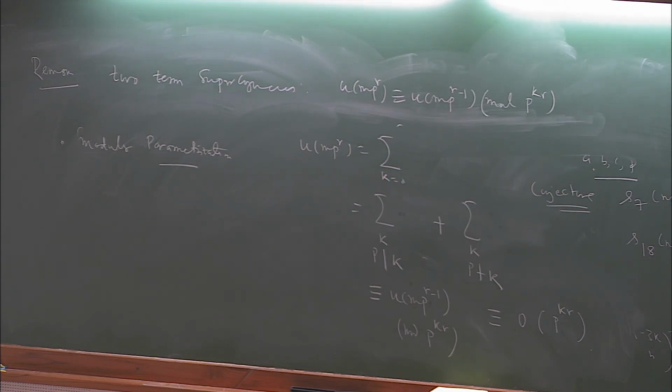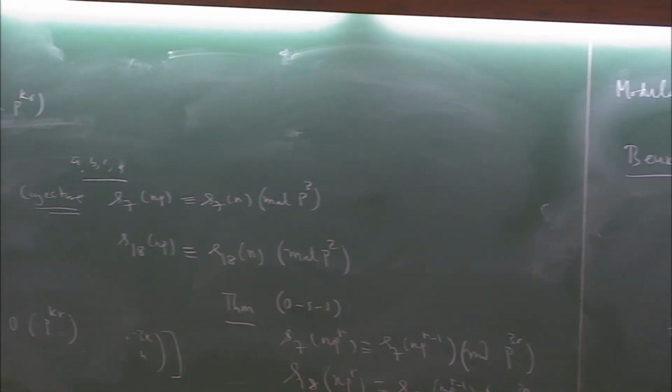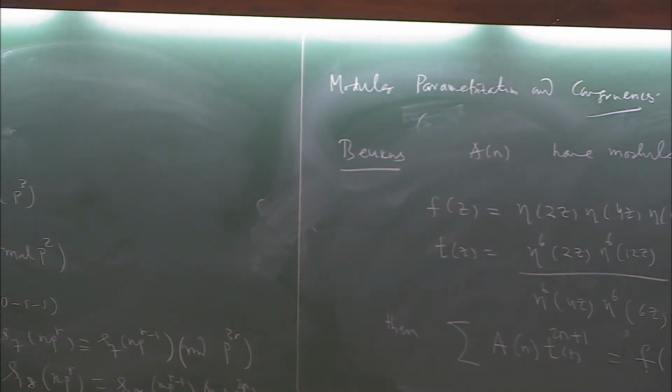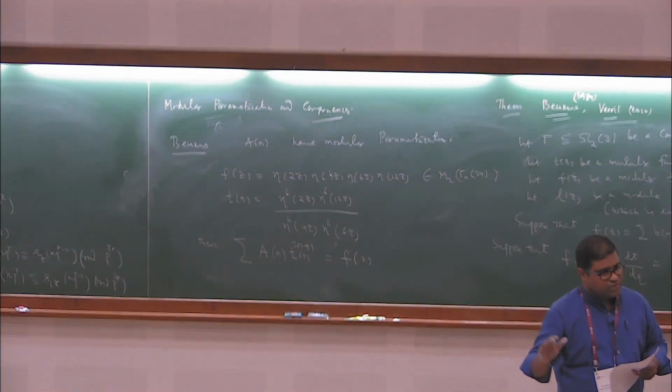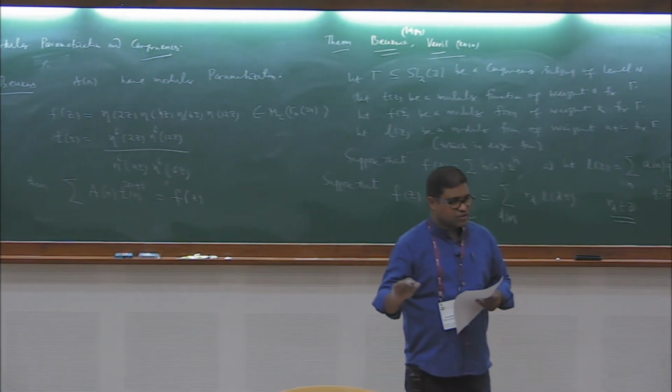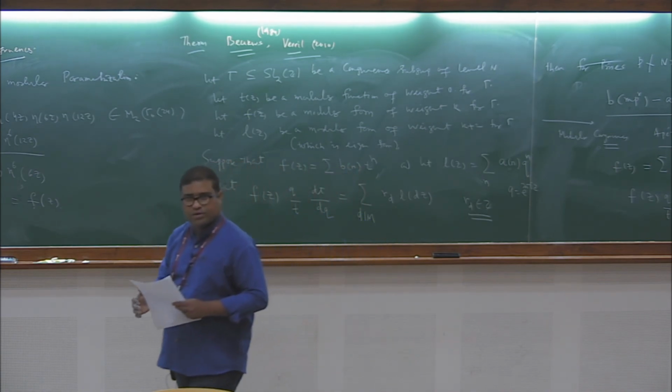Can you get some modular function t such that the generating function is a modular form? And what should be the weight of the forms and how are they related to the sequence? This is the general conjecture of Zagier. There is no general way of studying this kind of modular parameterization.